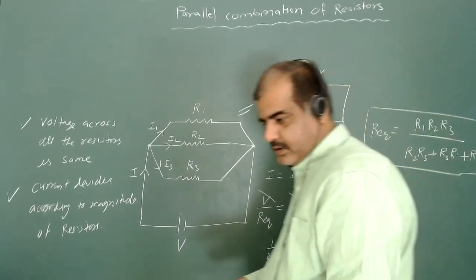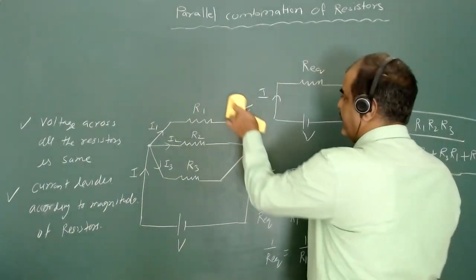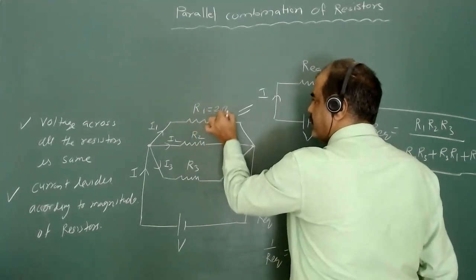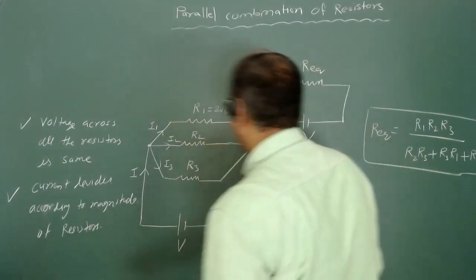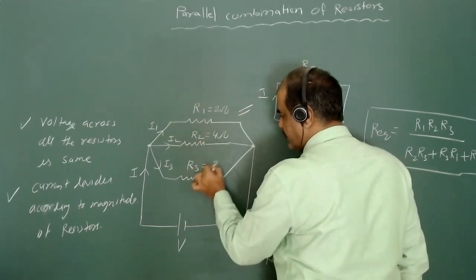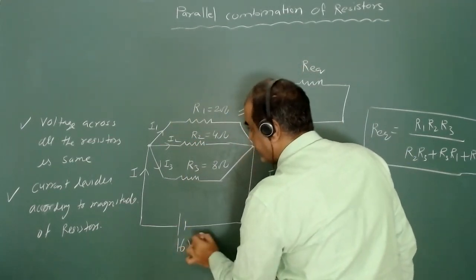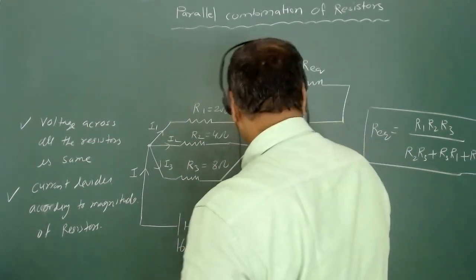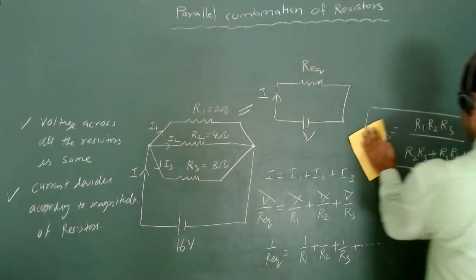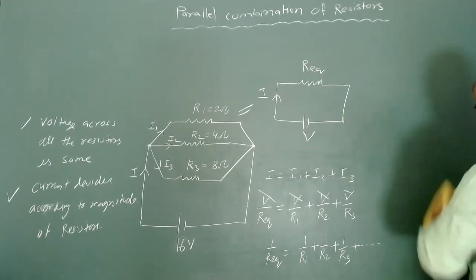Let me solve one problem on that. Suppose my R1 is equal to 2 ohm, R2 is equal to 4 ohm, R3 is equal to 8 ohm, and I am using a 16 volt battery. What is the value of total resistance?